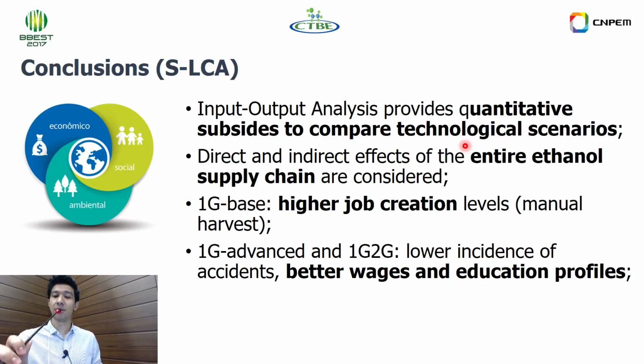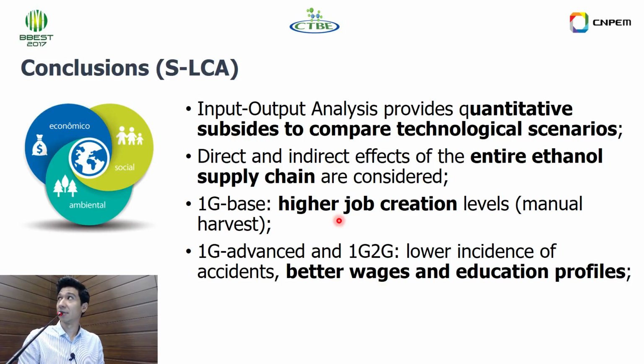And so to finish this presentation, our conclusion is that this is possible because of the input-output analysis that makes these quantitative results possible, and allows us to compare different technological scenarios. We can capture both direct and indirect effects over the entire supply chain. That's really, really good when we consider the life cycle approach. We can see that outdated technologies provide more jobs.